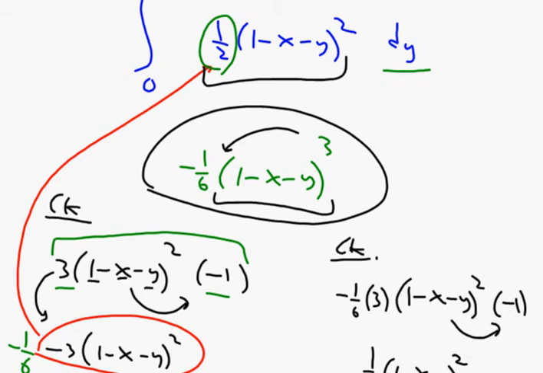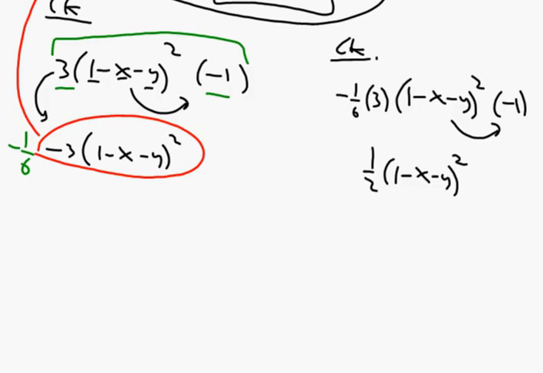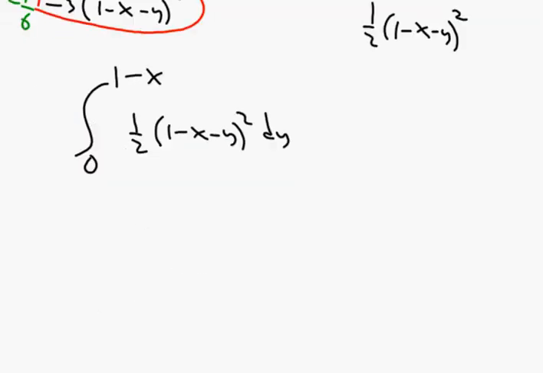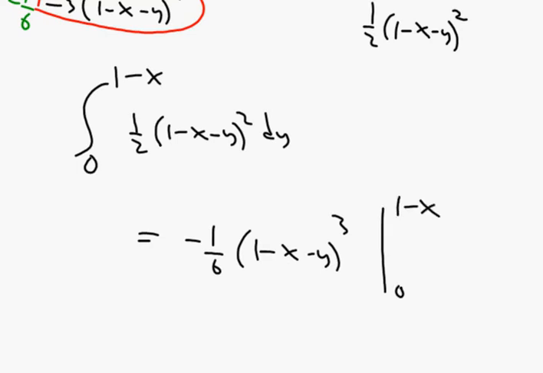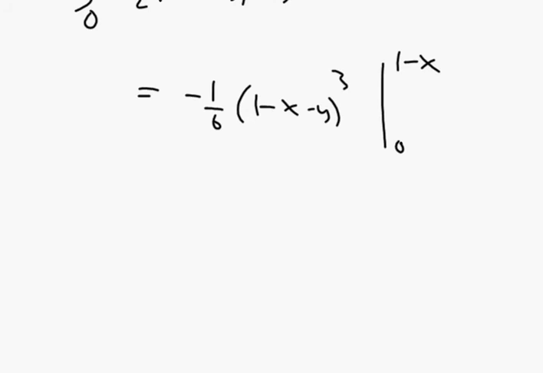So let's actually write that out. We're doing the antiderivative from 0 to 1 minus x of 1/2 (1 minus x minus y) squared dy. That turned out to equal negative 1/6 (1 minus x minus y) cubed. We need to evaluate this from 0 to 1 minus x. So now we're going to plug this in for y.